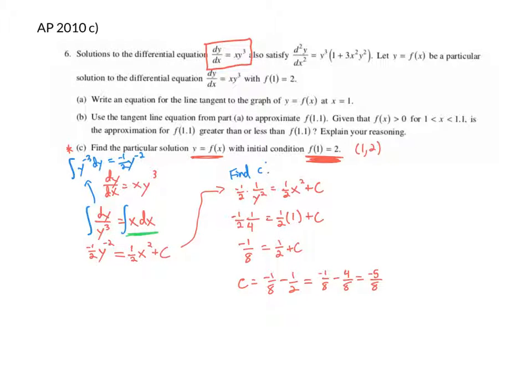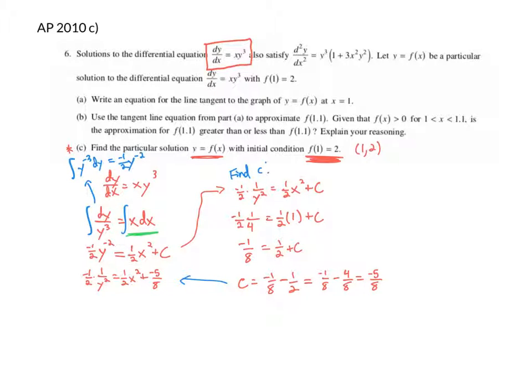So there's what the C is. I'm going to go ahead and just plug that right back into my general solution, right back here. And I'm going to write negative 1/2 times 1 over y squared equals 1/2 x squared plus negative 5/8.